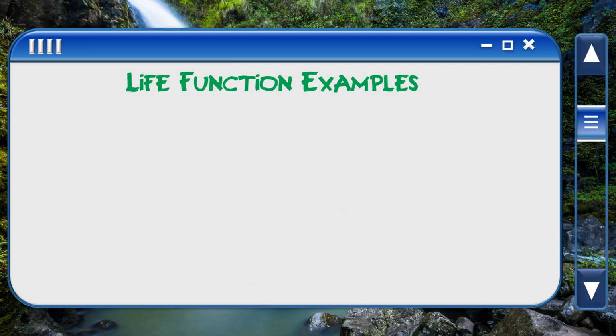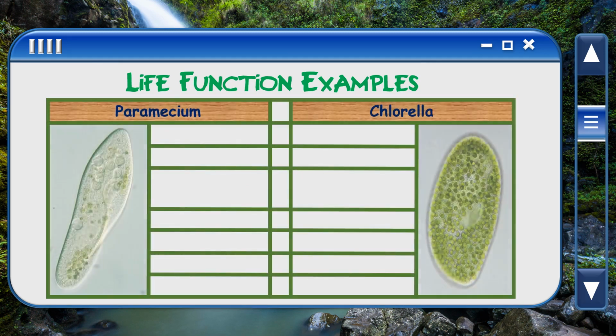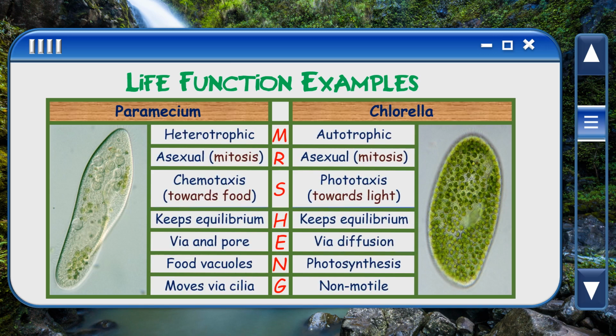Life function examples. We want to look at 2 organisms, the Paramecium and Chlorella. And we are going to use our mnemonics to see how these life functions occur in the 2 organisms. We start with metabolism.